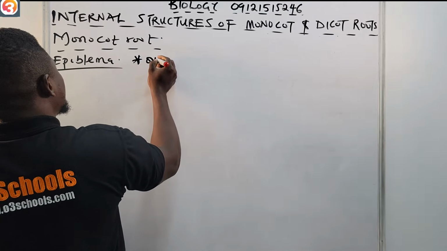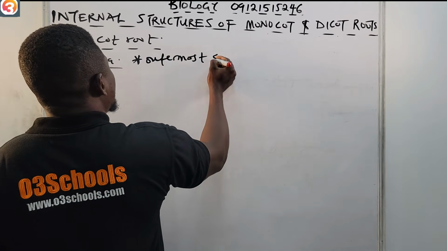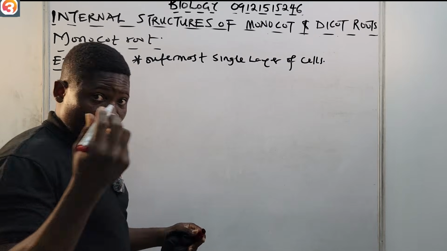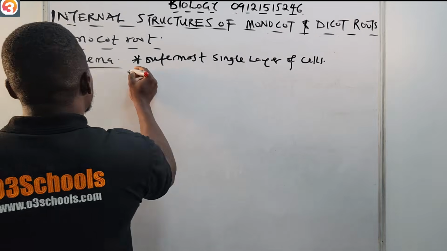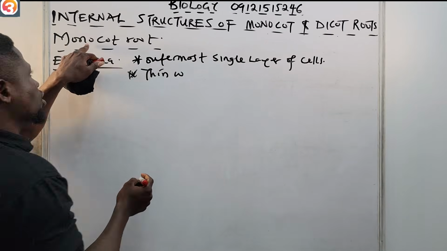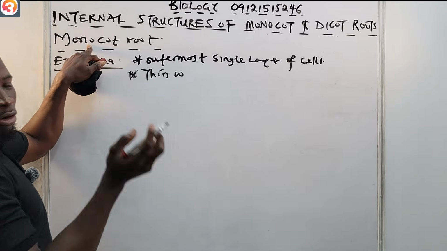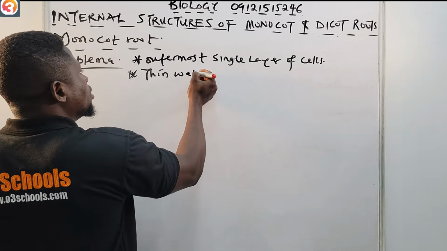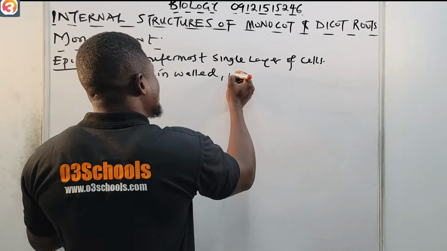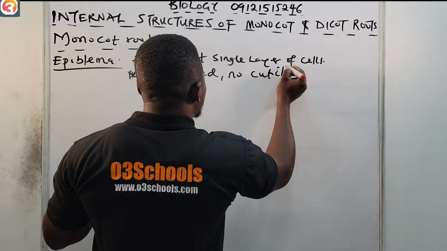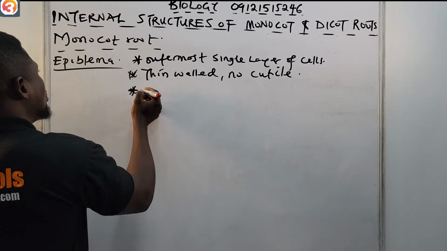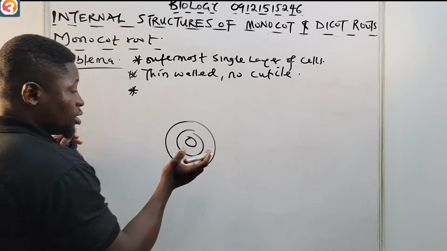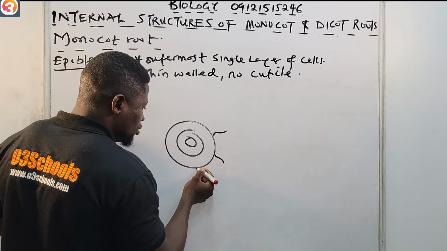So, outermost single layer of cells. Okay, what's the second one? The epidermis is thin walled. For monocot roots, same as the dicot root, the epidermis or the epiblema is thin walled. It has no cortical also. And of course, for the monocot root, you see some root hairs on the epidermis also.